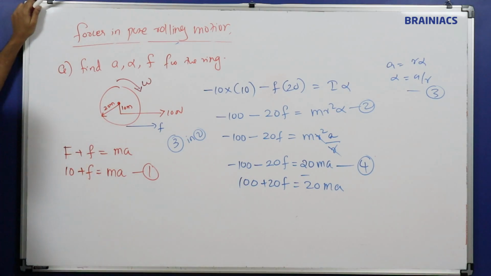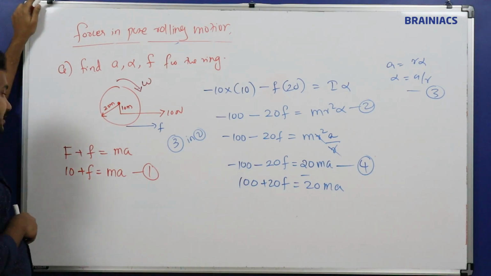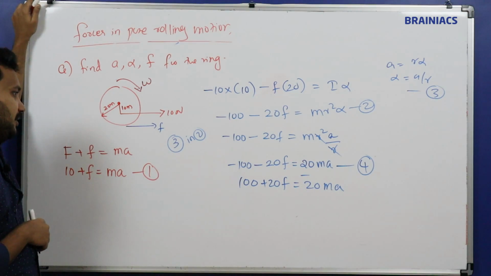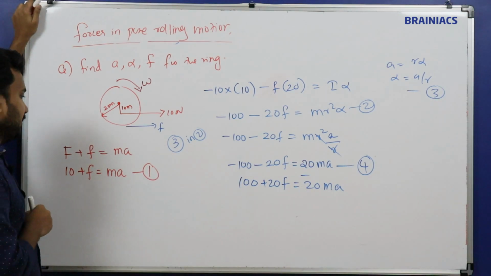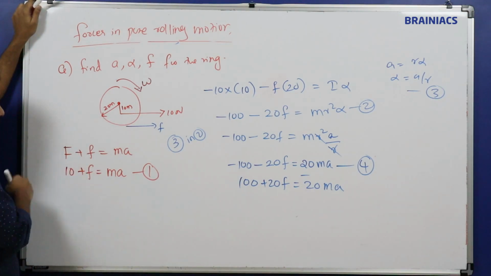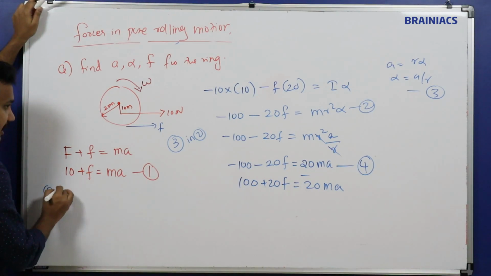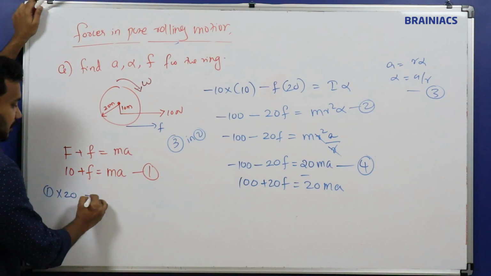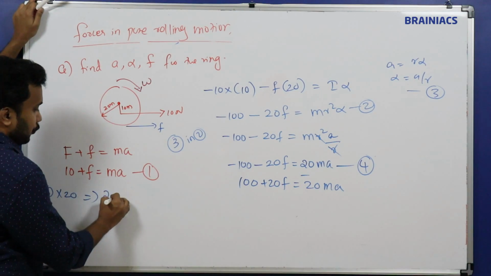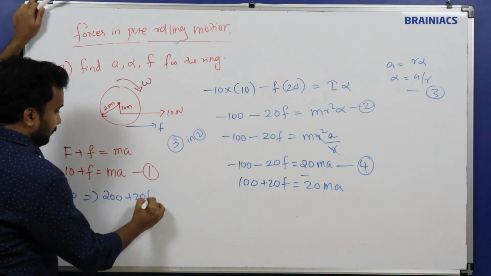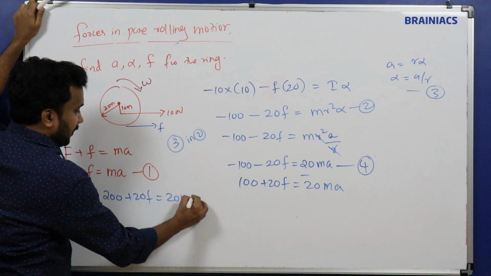We have one equation, and on the other side 100 plus 20F equal to minus 20 ma. So I can find F. Equation number 1 I am multiplying with 20: 20 into 10 is 200, plus 20F is equal to 20 ma.